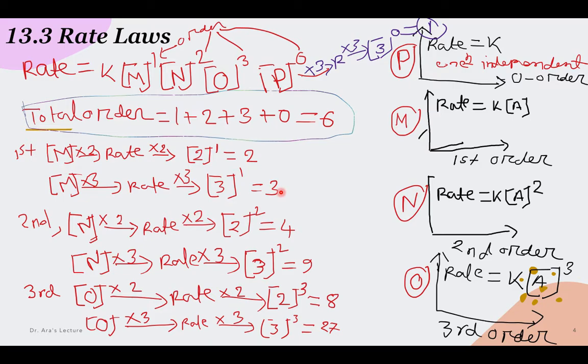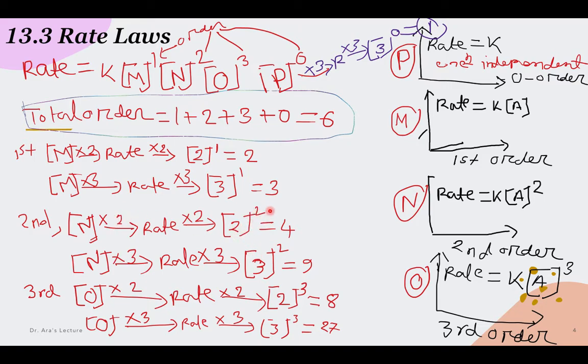Now we can see this relationship with this value: the rate is proportional to the concentration of reactants. Now for the second order reaction, what do we see? In the case of a second order reaction, if we similarly increase the concentration 2x or 3x and put in the value, what are we getting?